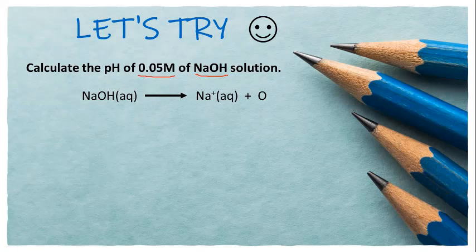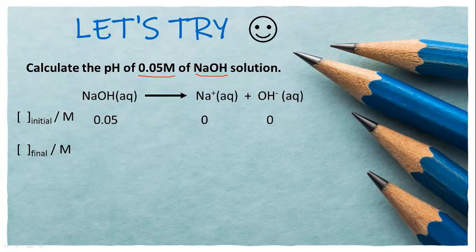It produces sodium ion and hydroxide ion. Same, on the left side, we write the concentration initial in molar and the concentration final in molar. So initial concentration of sodium hydroxide as given in the question is 0.05 molar, and sodium ion and hydroxide ion both are 0.